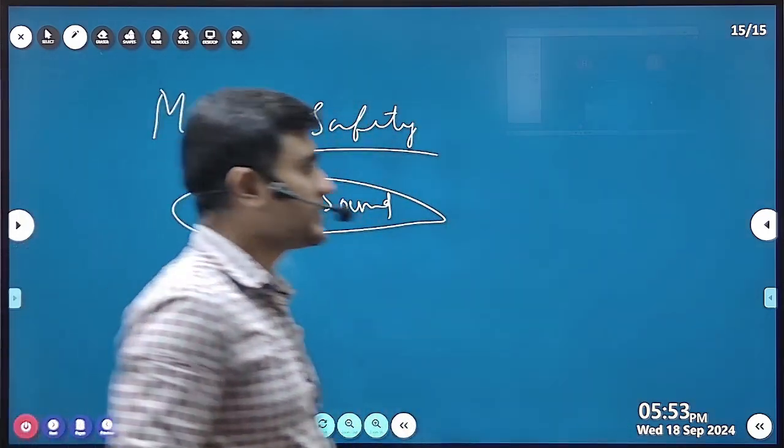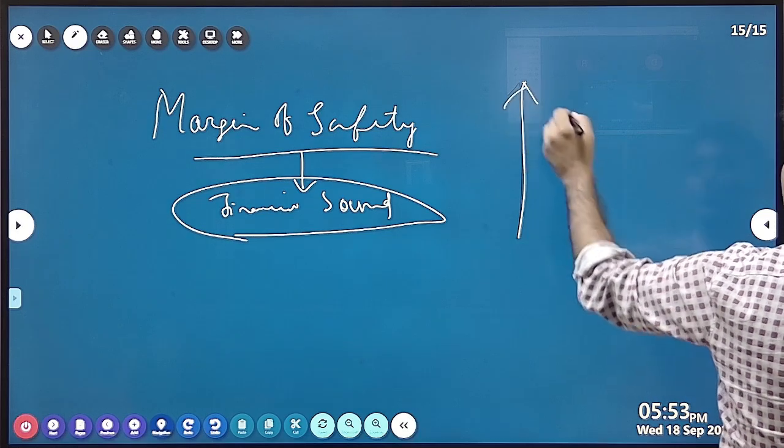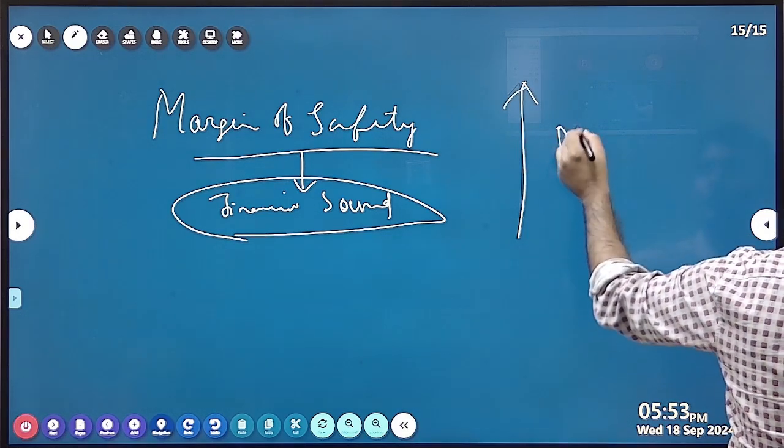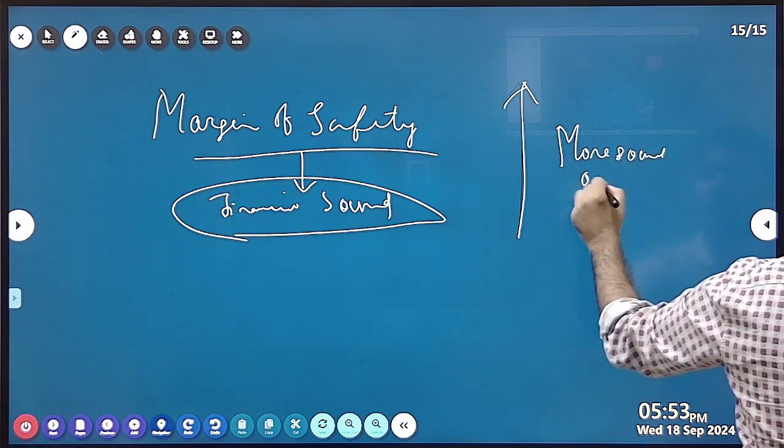If a business has a very high margin of safety, it means that the business is more sound or more profitable.